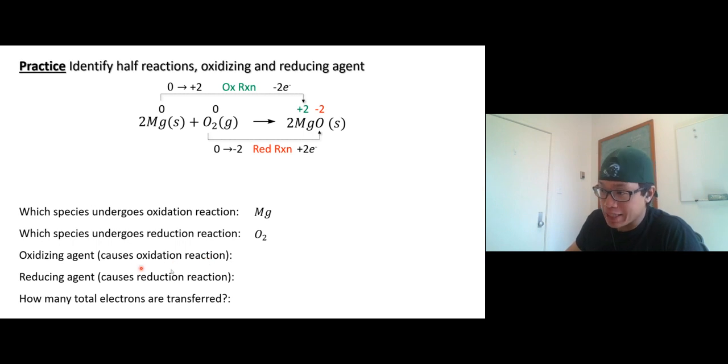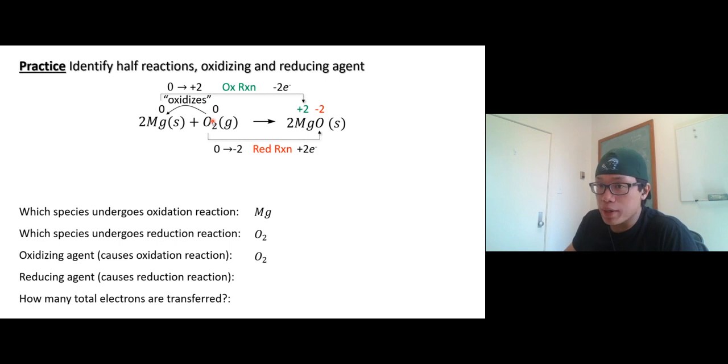We're going to start with the oxidation reaction. Who undergoes oxidation? Magnesium. Someone else has to make magnesium do that. Who does? Oxygen gas. The reducing agent causes the reduction reaction. Who undergoes reduction? Oxygen.